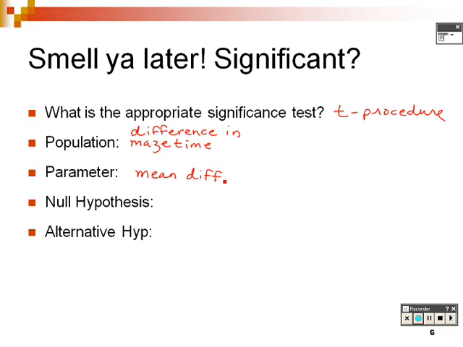And that means we need to talk about a null hypothesis and an alternative hypothesis. Well, once again, the null is always something that's easy to test. So that's going to be that the mean difference is 0. And that correlates to the idea that scent has no effect.